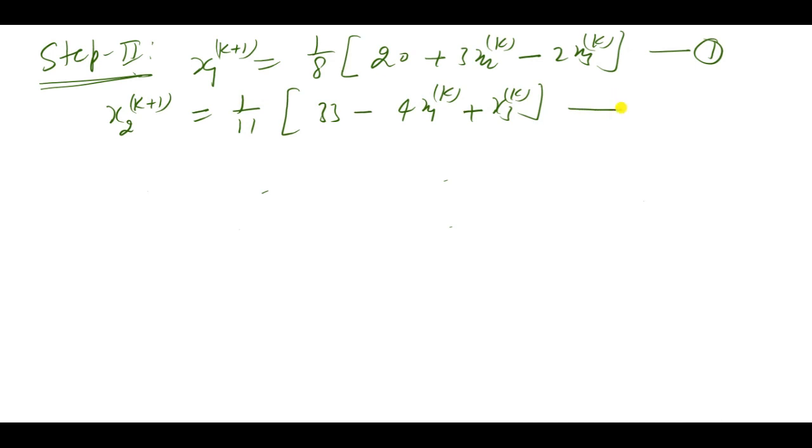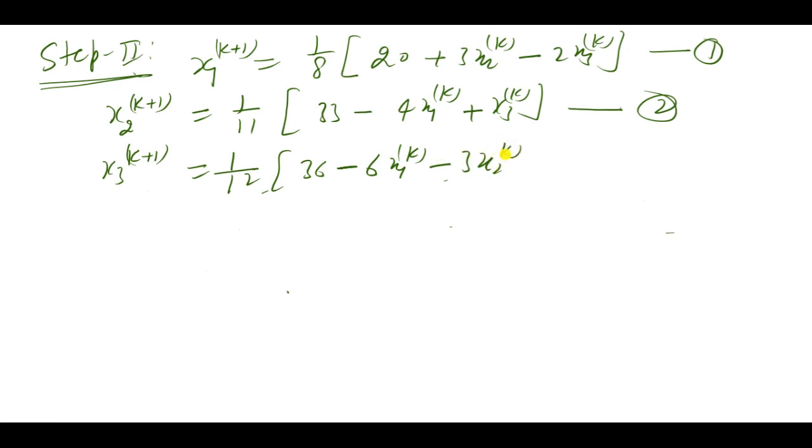This is equation 2. And x3(k+1) is equal to 1/12 (36 minus 6 x1k minus 3 x2k). This is equation 3. Here k is equal to 0, 1, 2, 3 and so on, that is, compute the different iterations until we obtain the desired accuracy of decimal places.